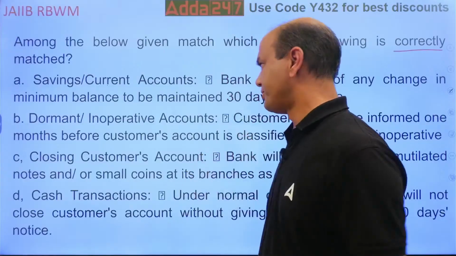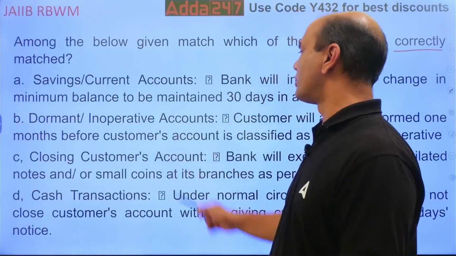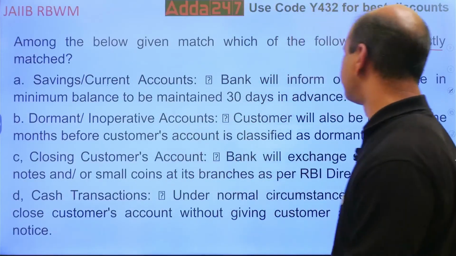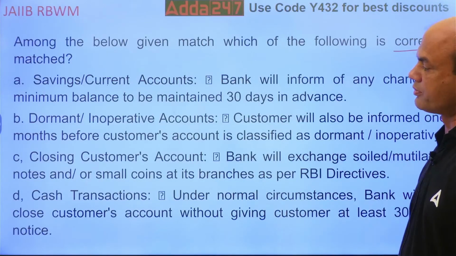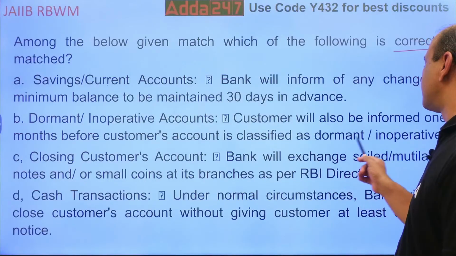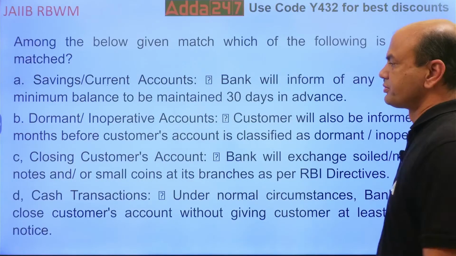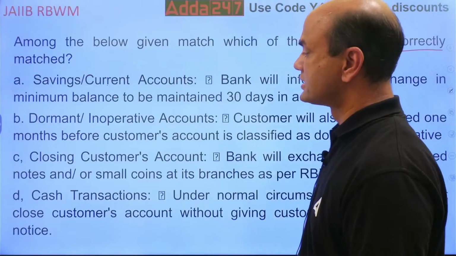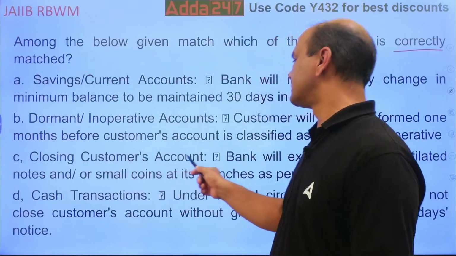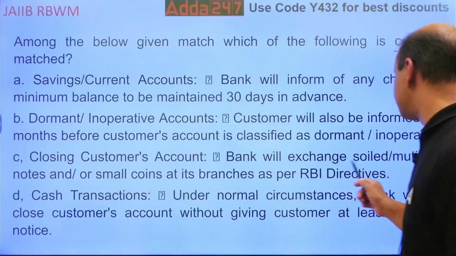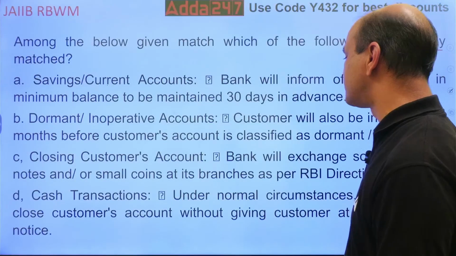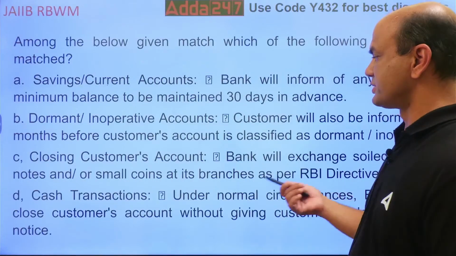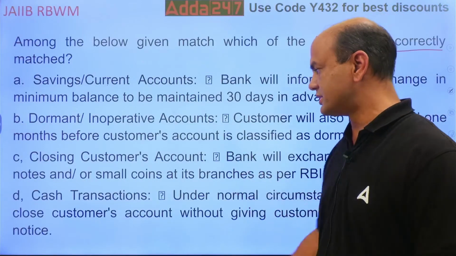Number 2, dormant inoperative accounts: customer will also be informed 1 month before the customer's account is classified as dormant or inoperative. Third, closing customer's account: bank will exchange soiled, mutilated notes and small coins at its branches as per the RBI directives. This is totally wrong, isn't it?